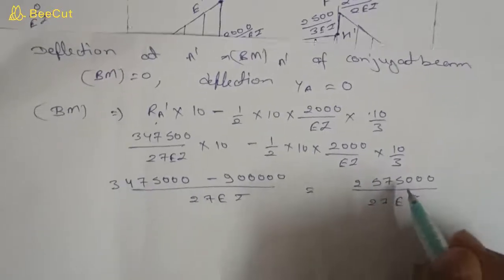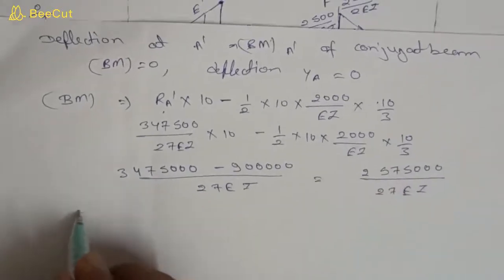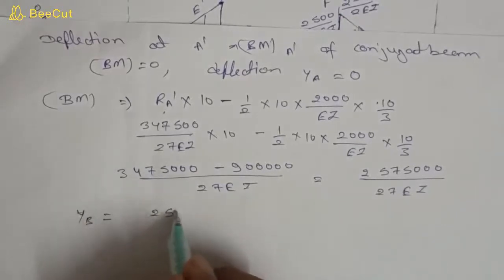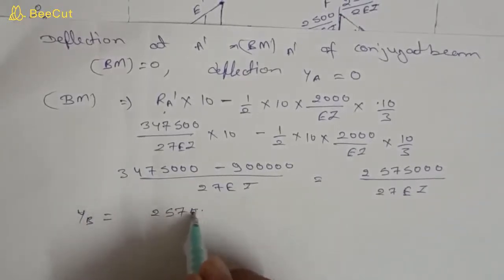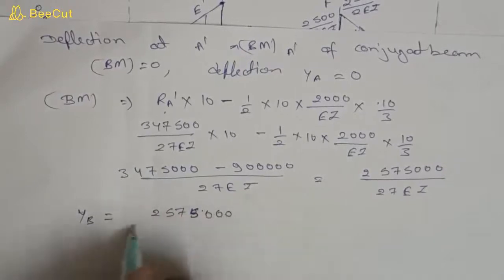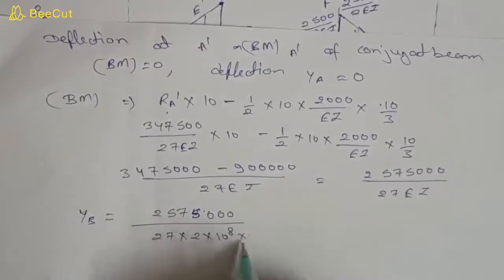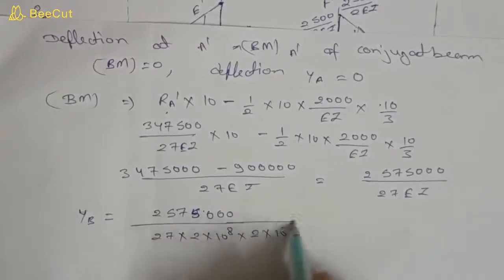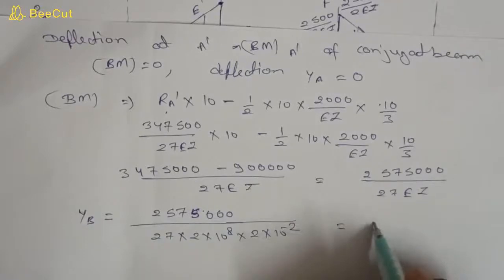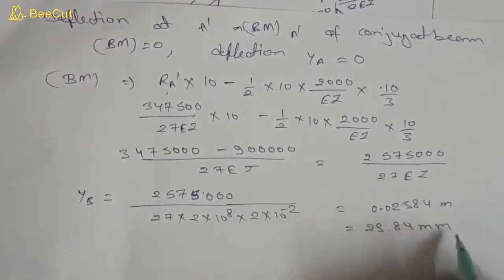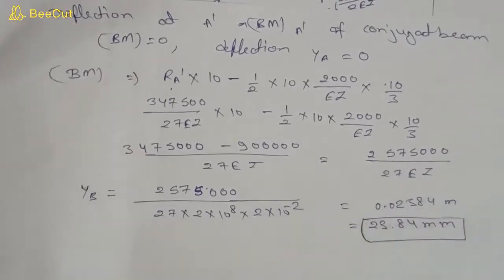So if you put the values of E and I here, then you will get YB equal to 2575000 divided by 27 into 2 into 10 to the power 8 into 2 into 10 to the power minus 2. So it will become 0.02384 meter. If we convert into mm, then you will get 23.84 mm. So we have found the deflection at B.